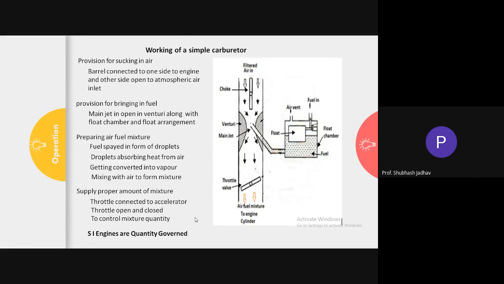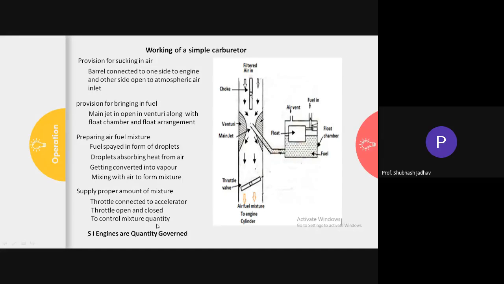A very important point: generally SI engines are called quantity governed engines. Why do we call them quantity governed engines? Because we have used a throttle valve, and the throttle valve controls the mixture quantity being supplied to the engine.